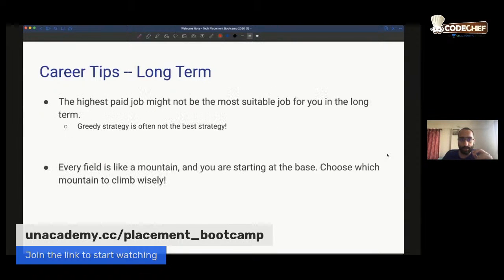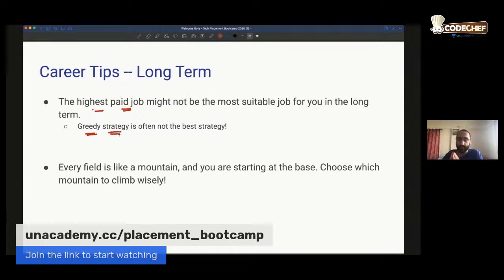But in the long term, it is also very important to understand that the highest paying job right now might not be the most suitable job for you in the long term. There's a reason we say in computer programming that a greedy strategy is not always the best strategy, because a lot of times we just keep switching companies or jobs because another job is paying us better.